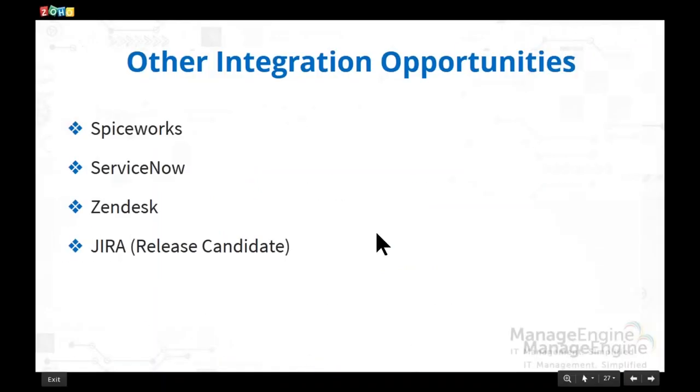Similarly, we also have options to integrate with Spiceworks, Zendesk, and Jira. Jira is under the cooking stage, so the work is still in progress. And Spiceworks and Zendesk could be done. Using these help desk management applications, you can use the same software deployment and you can take remote of the target machine and address the user's technical issues.